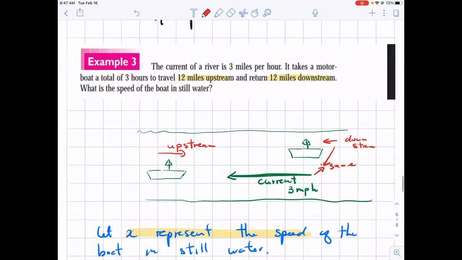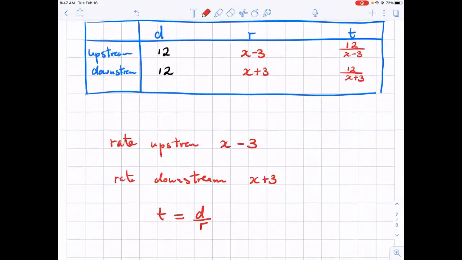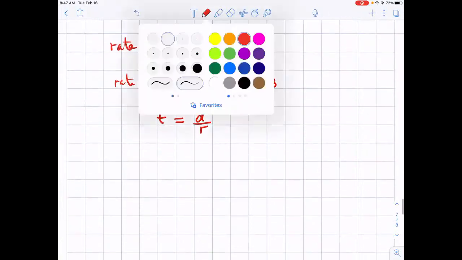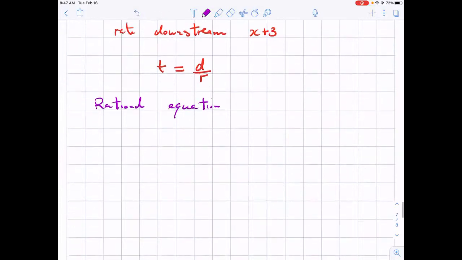So if we go back now, we're looking at the total time. This time plus this time is equal to 3. So if we write that, our rational equation is 12 over x minus 3 plus 12 over x plus 3, and that is equal to 3 hours.